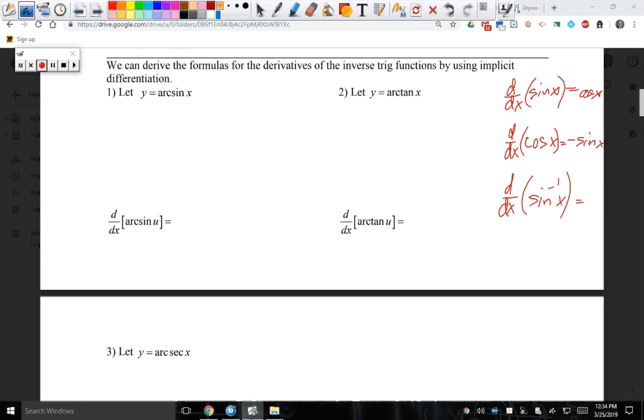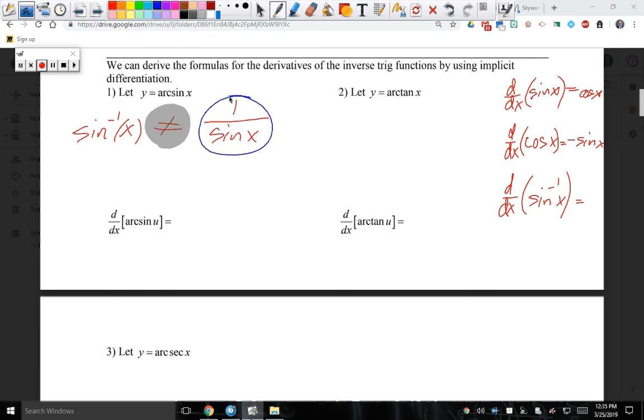This is not to be confused. Please do not confuse arc sine to be the reciprocal. Please don't do that. Because what is this really? Cosecant.